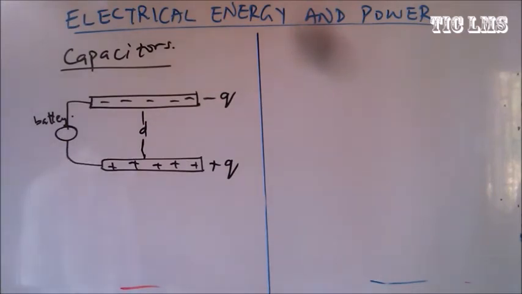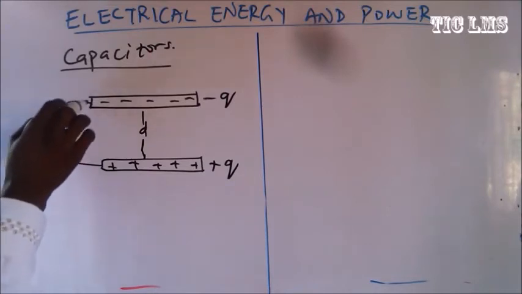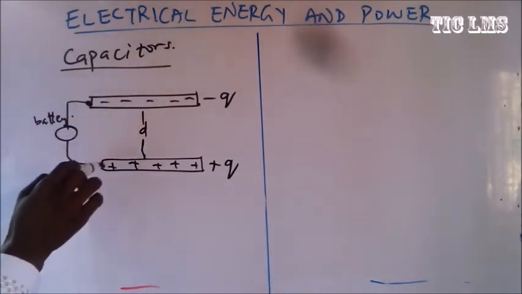The conductors carry equal and opposite charges by connecting them across the terminals of a battery, therefore having a potential difference of V across the plates. So we have a potential difference across these two plates.